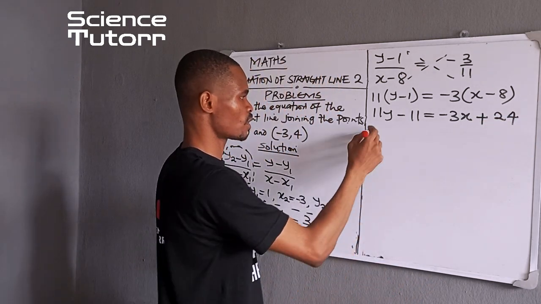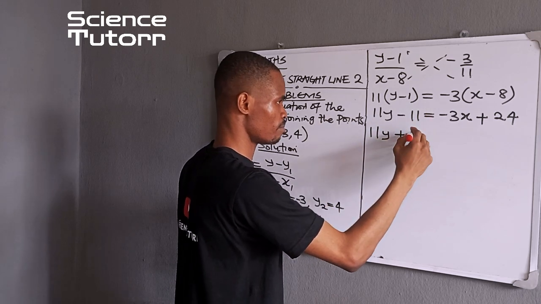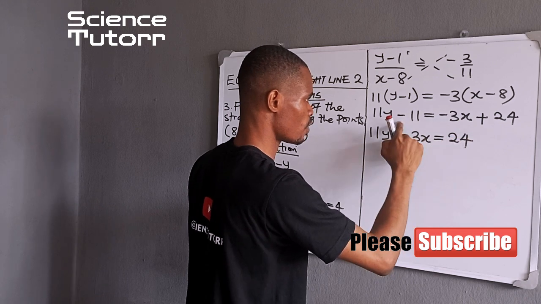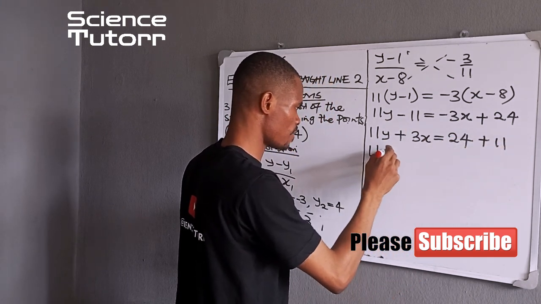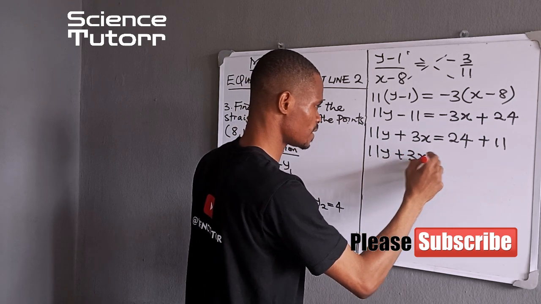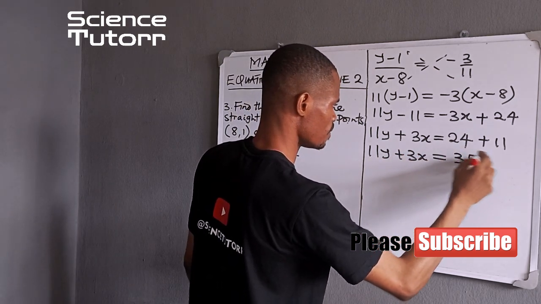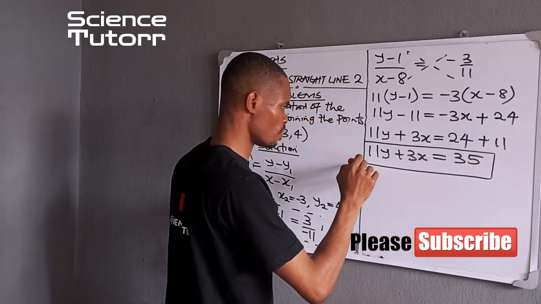Collecting like terms, we have 11y plus 3x to be equal to 24 plus 11. So that makes 11y plus 3x to be equal to 35. This represents the equation of the line.